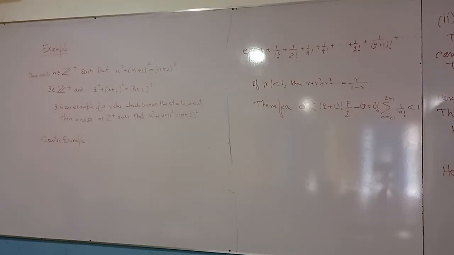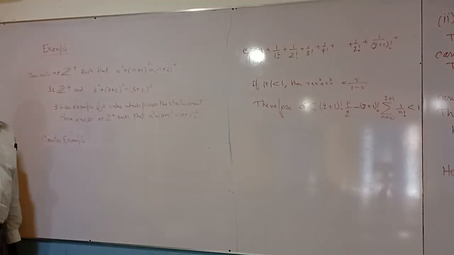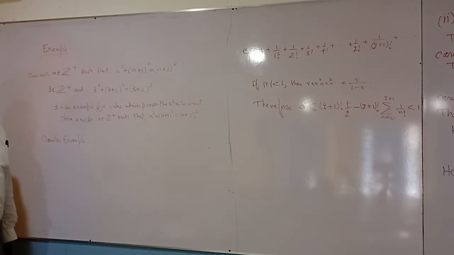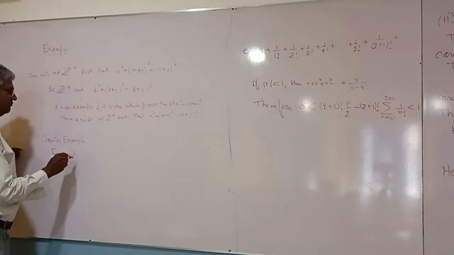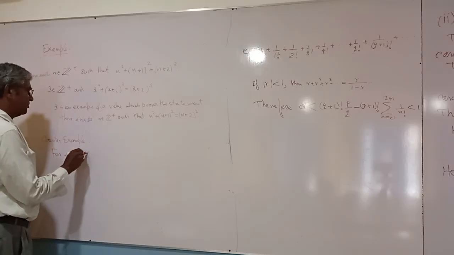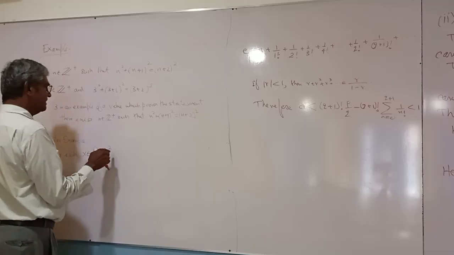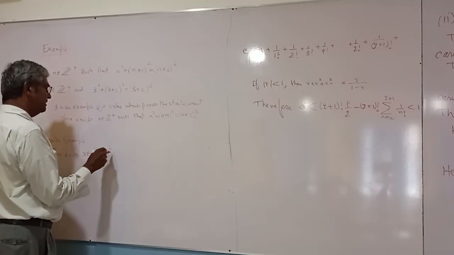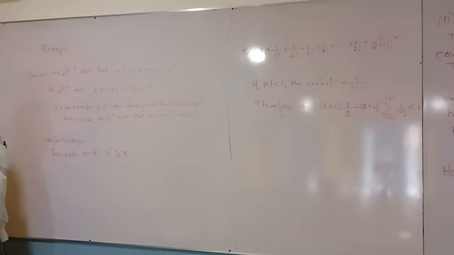Say, for each x belongs to R, x squared plus 1 is strictly greater than 2. Or let's say, for each x belongs to R, x squared is greater than or equal to x.